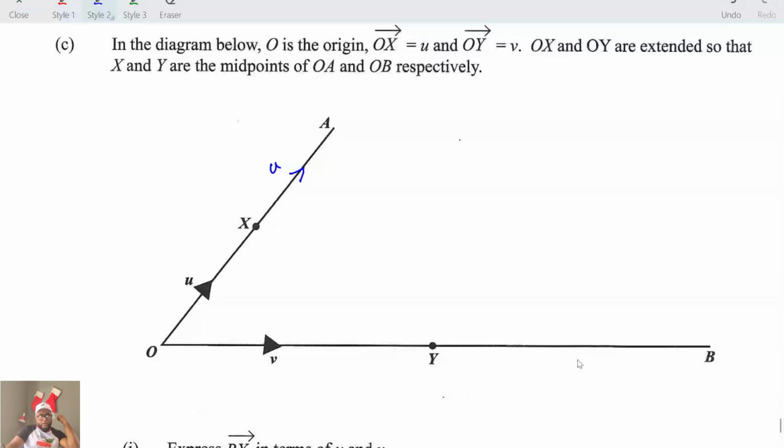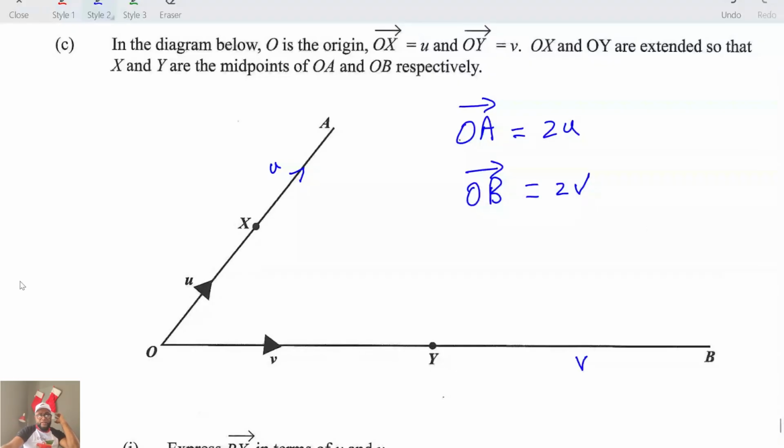V. So the whole length from O to A would be 2U, and from O to B would be 2V. See how easy it is, Makeda? I find vectors is probably the easiest topic. Yes, sir. Understand that part.